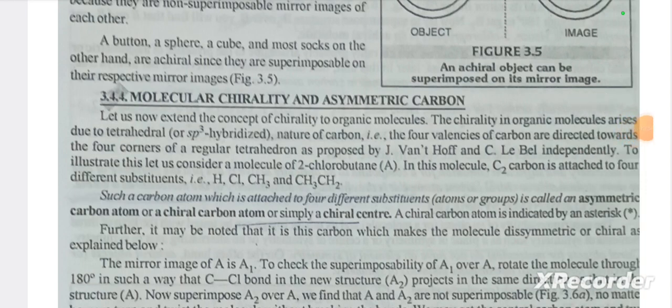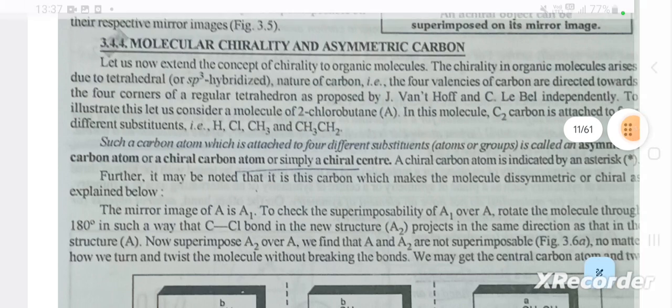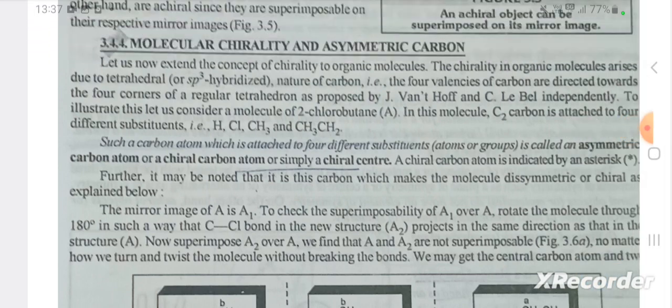Molecular chirality and asymmetric carbon. Let us now extend the concept of chirality to organic molecules. The chirality in organic molecules arises due to the tetrahedral nature of carbon. The four valencies of carbon are directed towards the four corners of a regular tetrahedron, as proposed by J. H. Van 't Hoff and J. A. Le Bel independently.